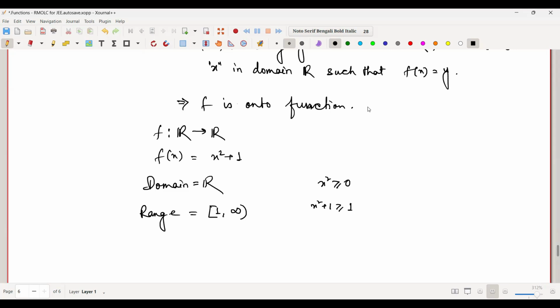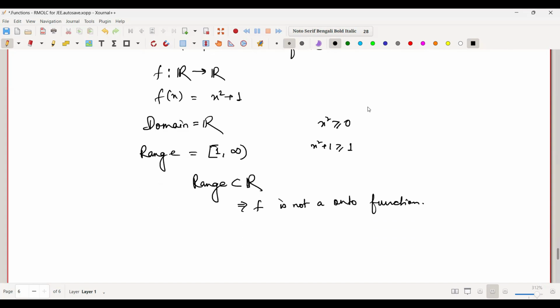So the range is from 1 to infinity, and 1 is included. This range is a subset of the codomain R. That implies f is not an onto function.